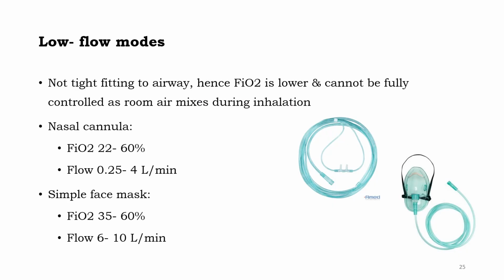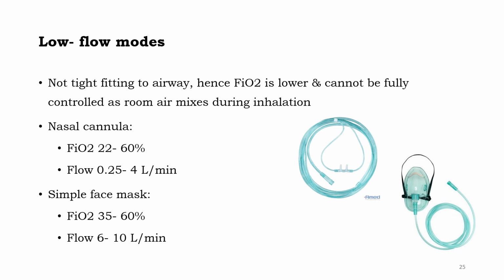Let's start off with the low flow mode. So why is it a low flow? One of the key features is that it's not tightly fitted to the airway. So the FiO2 will be lower and it cannot be controlled fully because the room air is mixing with it during inhalation.